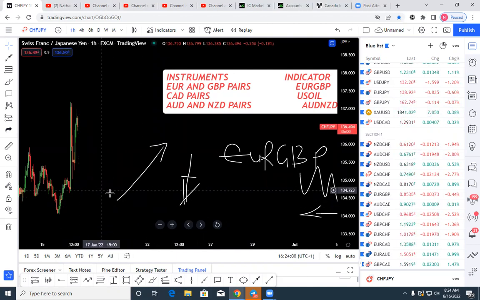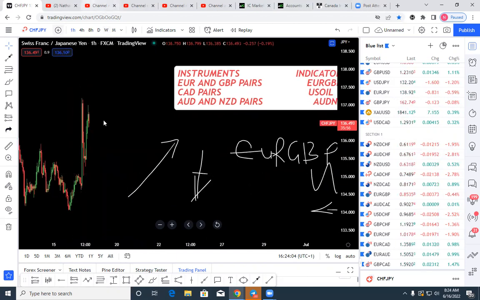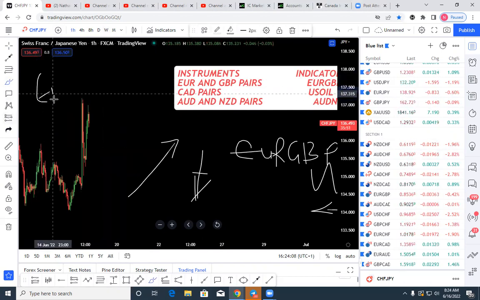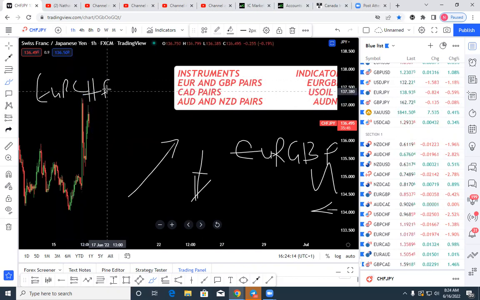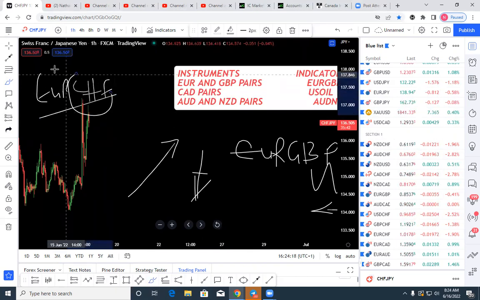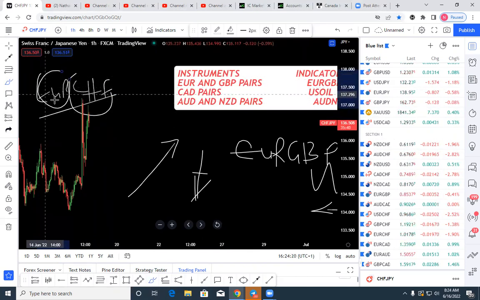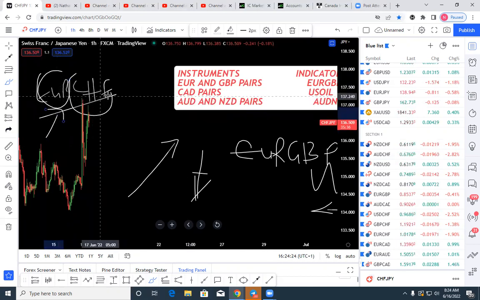If you see anyone that is right at the bottom, all you need to do is just to go and check the fundamental. For instance, if Euro CHF is right at the bottom, all we need to do is to go and check fundamental of CHF, fundamental of Euro. We want to see reasons why Euro should be strengthened against the CHF.